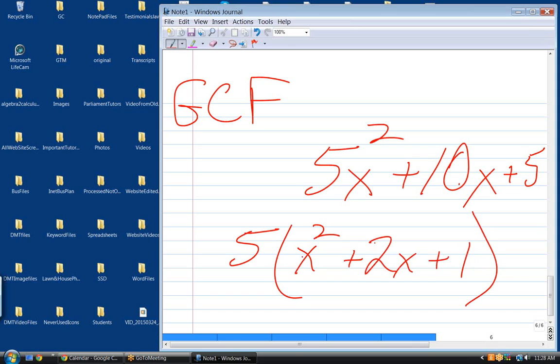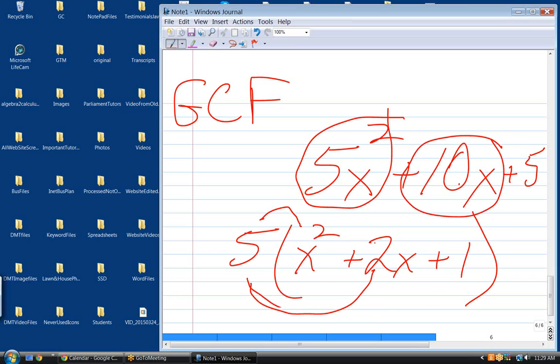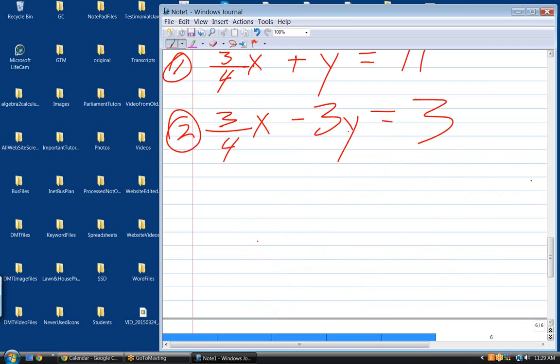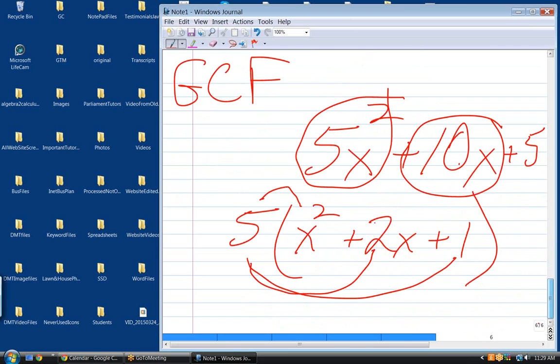And it's really important when you're doing this greatest common factor that as you do it, in your head, you're multiplying that back together again to make sure you got that. And when I multiply that times that, I got to make sure I got that. And when I multiply that by that, I got to make sure I got that last number 5.